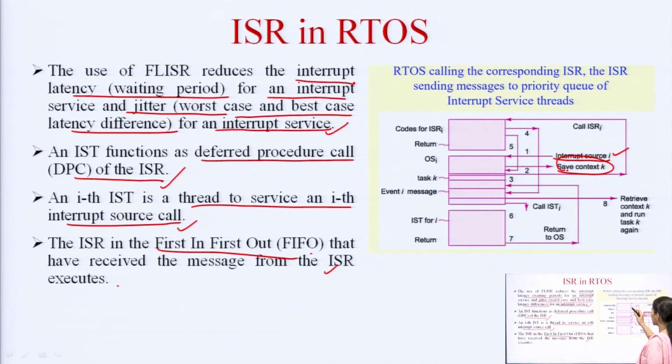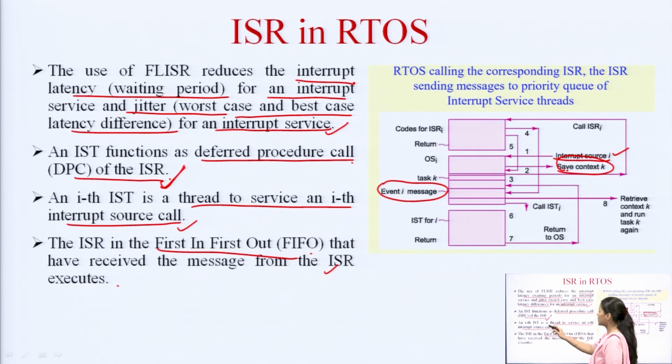In the fourth step the event messages are sent to the operating system. In the fifth step, after the messages are sent to the operating system, the ISTs, which are known as the deferred procedure calls of the ISR, are executed.